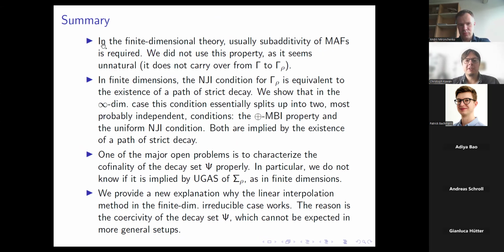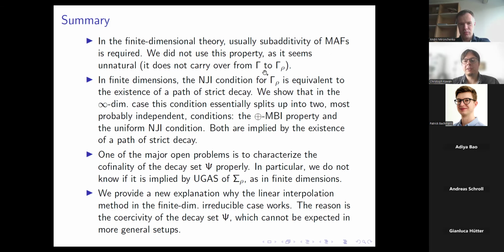Well, first comment here, in the finite dimensional theory, usually a property of those monotone aggregation functions that I did not use is used, namely subadditivity. It's required, but I did not use this property because somehow it seems unnatural to me. For instance, it does not carry over from gamma to gamma rho.